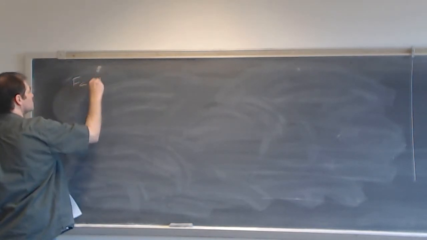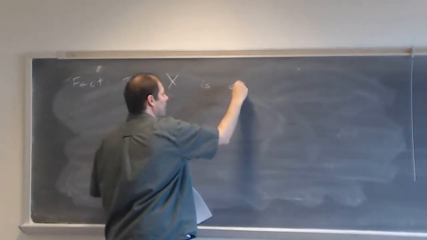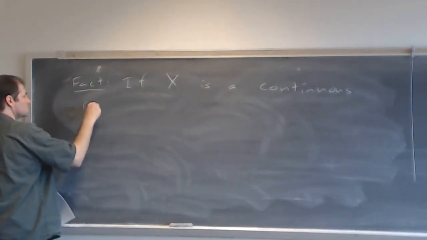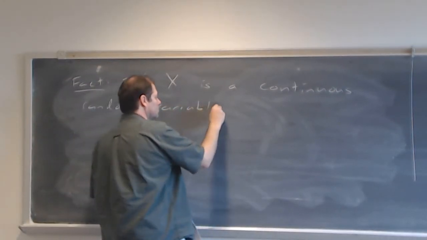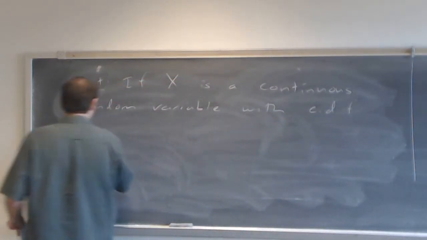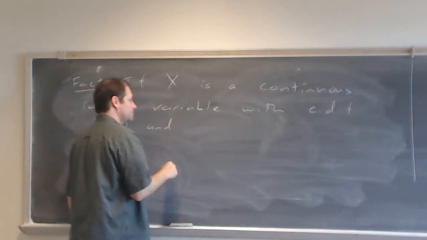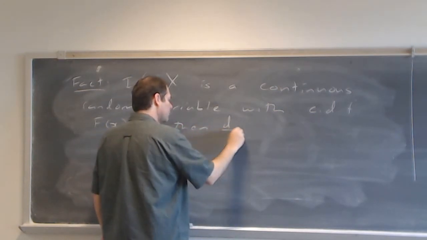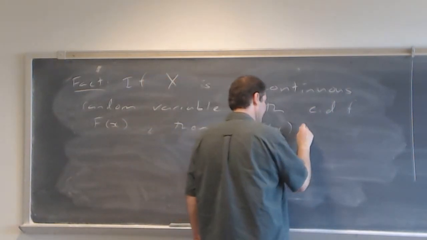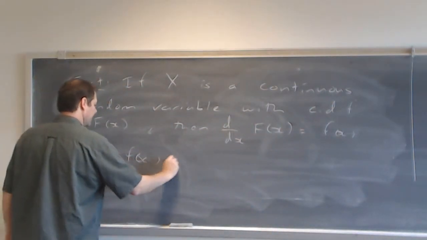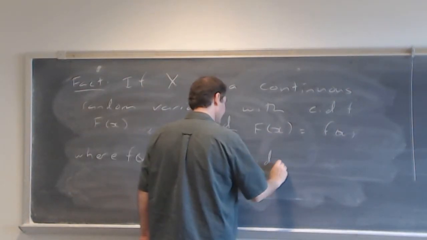Okay. As a fact, if x is a continuous random variable with CDF, cumulative distribution function, big F of x, then the derivative with respect to x of big F of x is equal to little f of x, where little f of x is the probability density function of x.